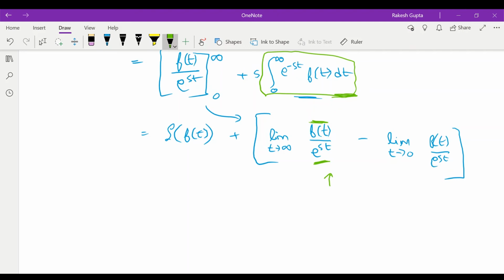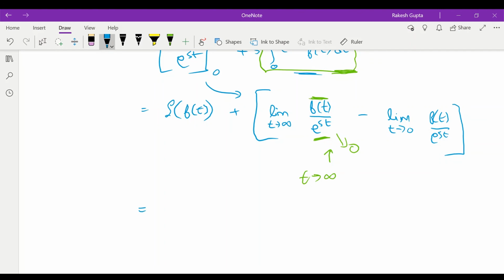So when t tends to infinity, the denominator tends to infinity even more quickly than the numerator. Hence, this term becomes 0. So this term becomes 0 minus, we just substitute t as 0 over here, which will give us f of 0 by e power 0, which is 1. So that's all.